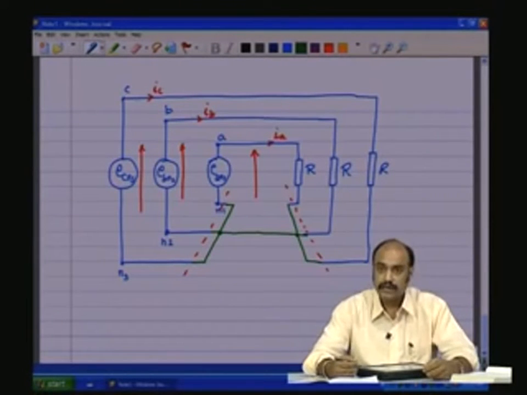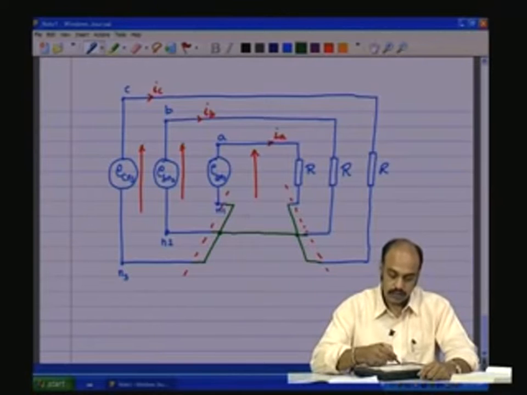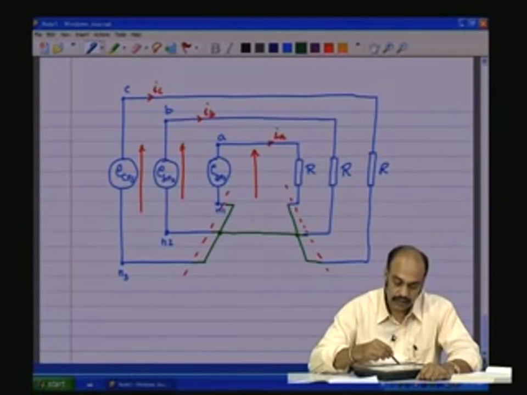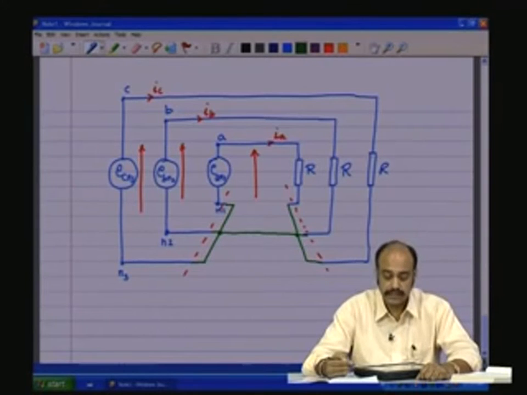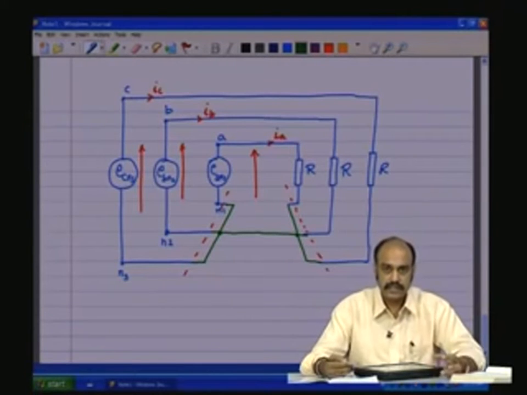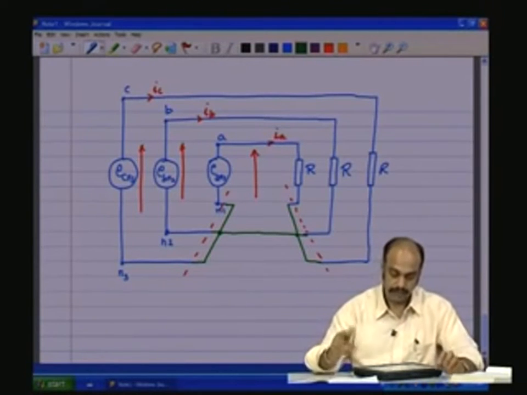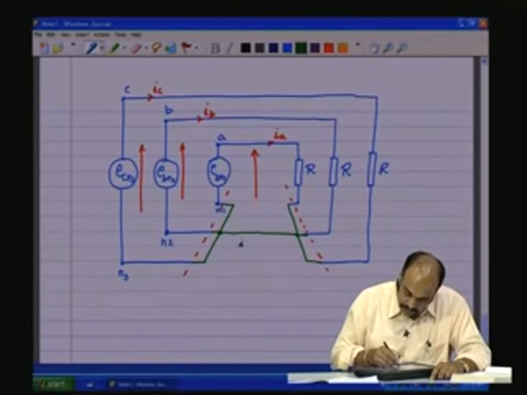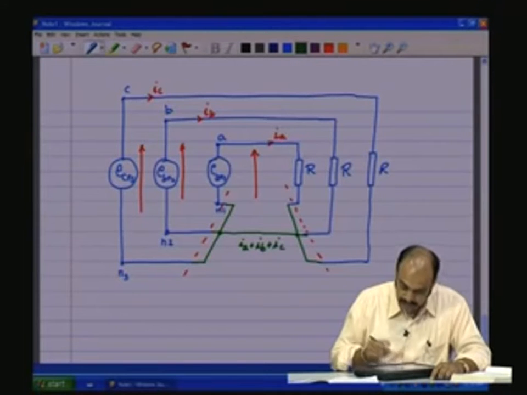So, what have we done? The 6-wire system has now become 1, 2, 3 and a 4-wire system. From a 6-wire system, it has been reduced and made more compact into a 4-wire system, and of course, IA, IB, IC is going to flow here. IA plus IB plus IC will flow here.